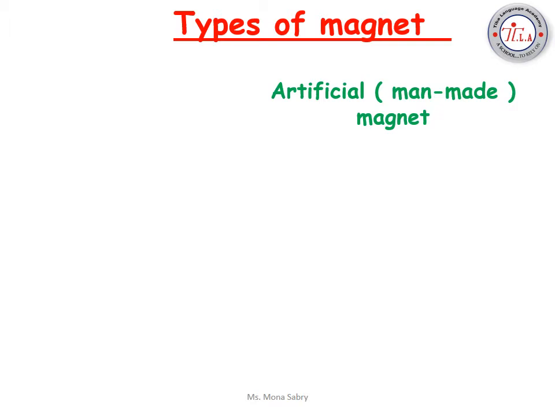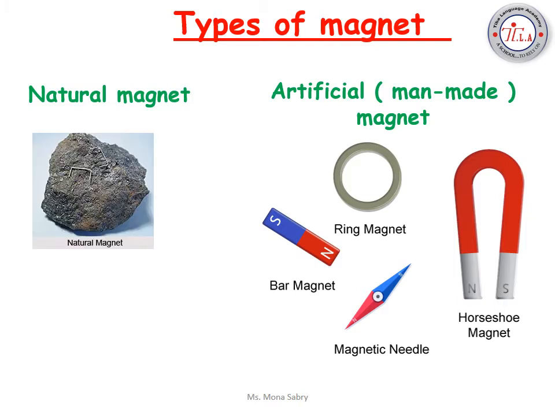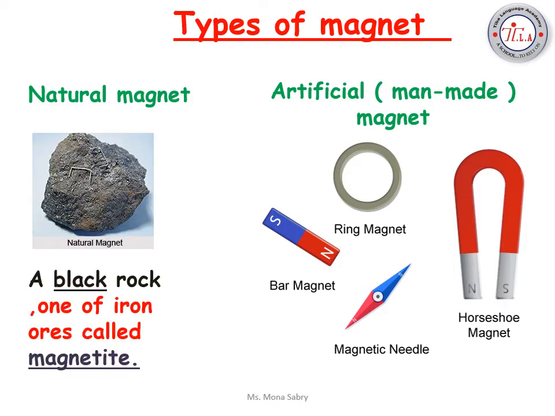The second type is artificial or man-made magnets, like ring magnet, bar magnet, magnetic needle, and horseshoe magnets, or U-shaped magnets. So, there are two types of magnets: natural magnets and artificial magnets.